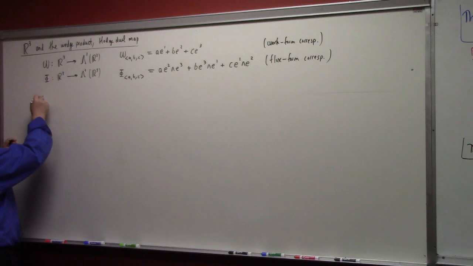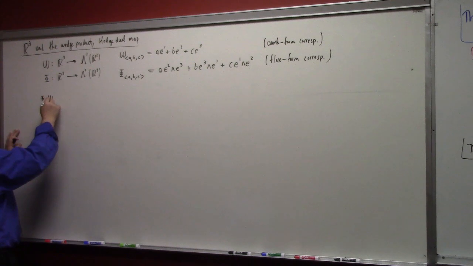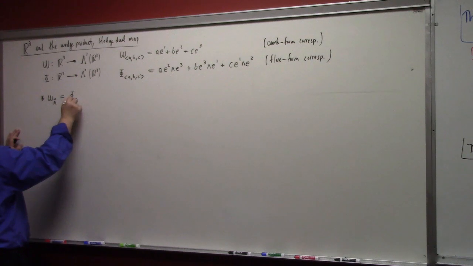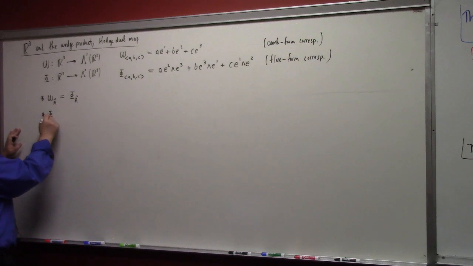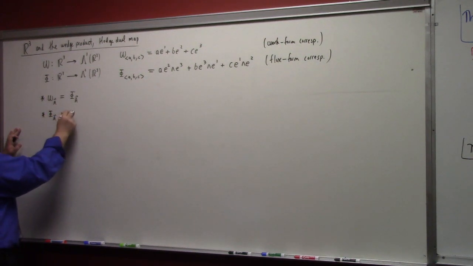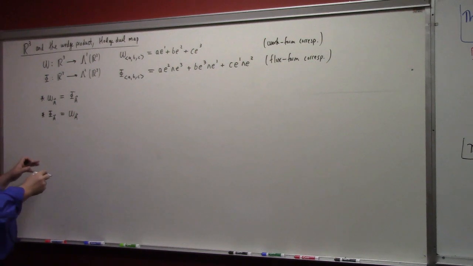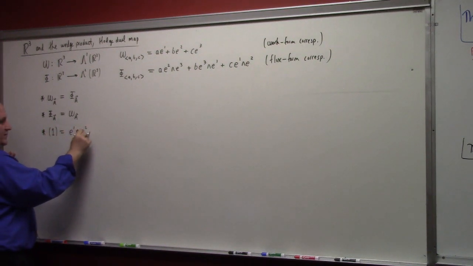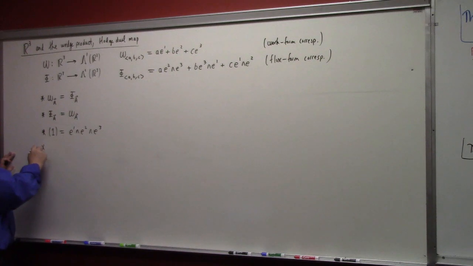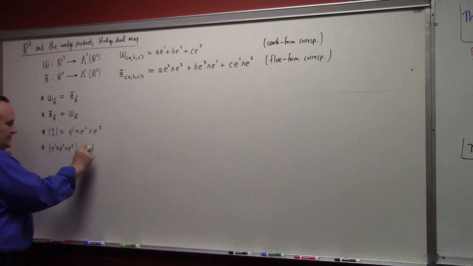Like the Hodge dual of omega of vector A is the flux form of vector A, and the Hodge dual of the flux form of vector A is the work form of vector A. And finally, the Hodge dual of the number 1 is E1 wedge E2 wedge E3, and the Hodge dual of E1 wedge E2 wedge E3 is 1.